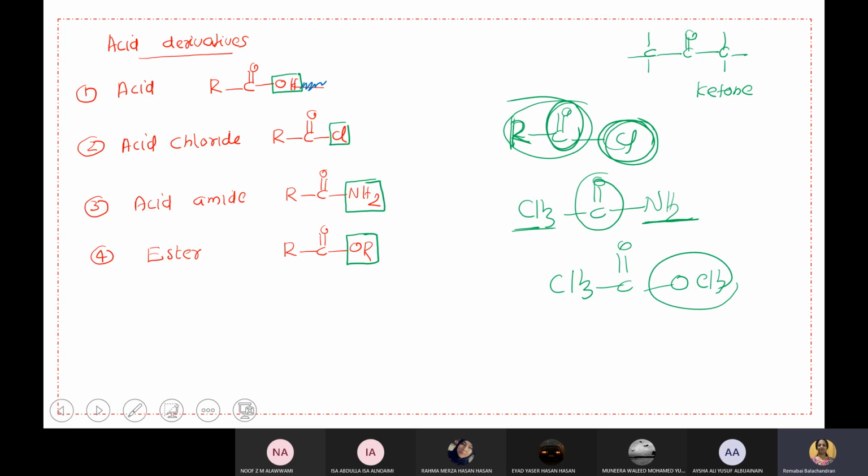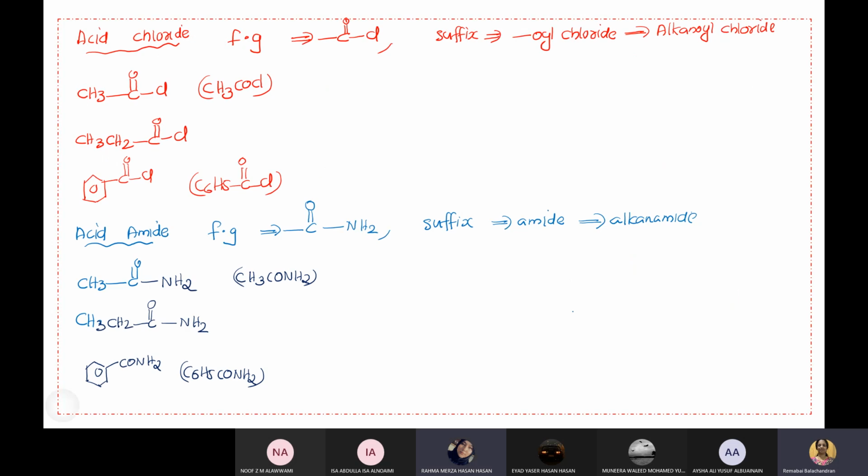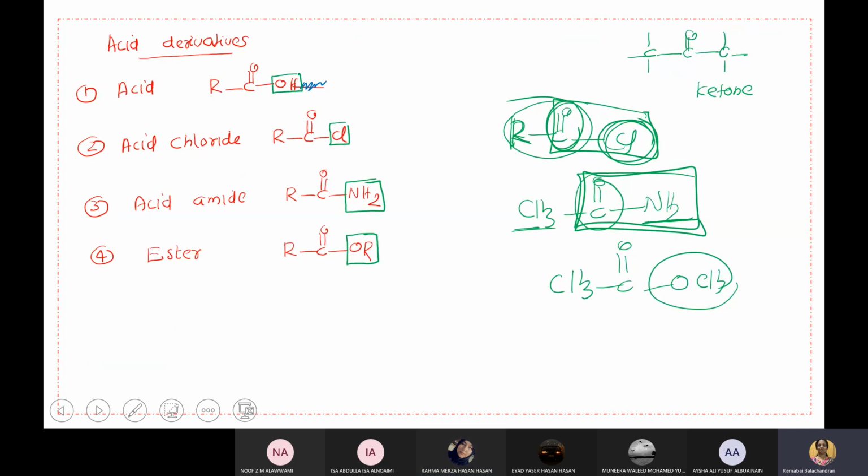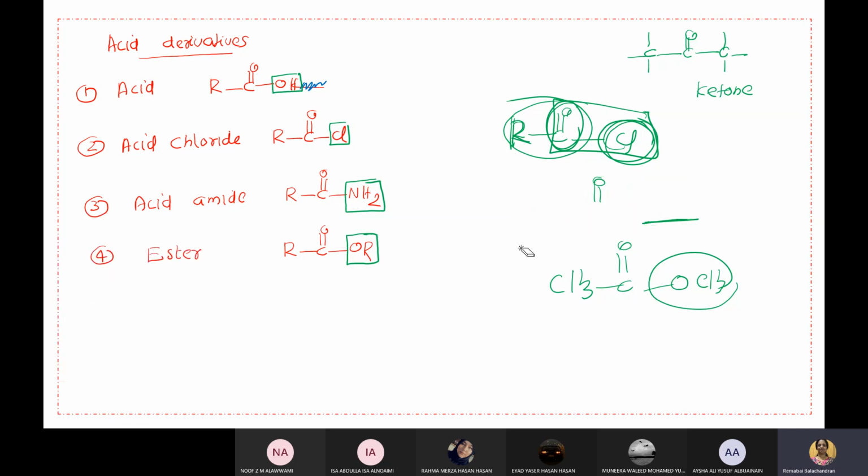It's not separate CO and Cl; COCl as a whole is the functional group. Is it clear now? Yes, doctor. Please don't mix it up. Bear this in mind and don't make mistakes.